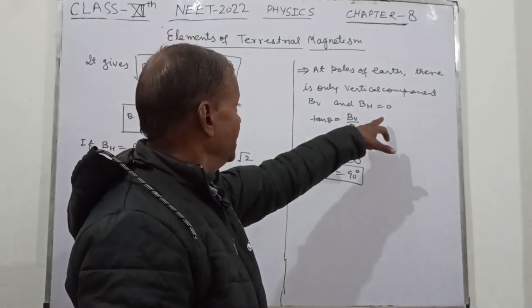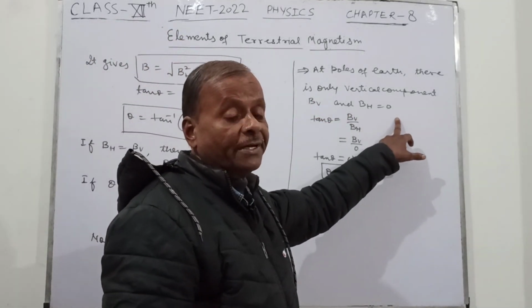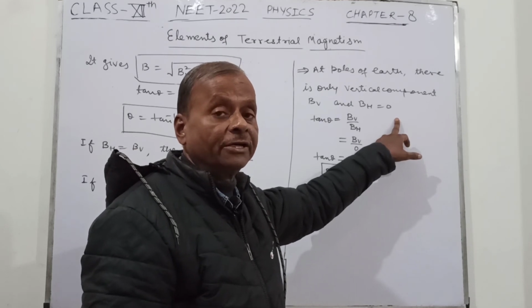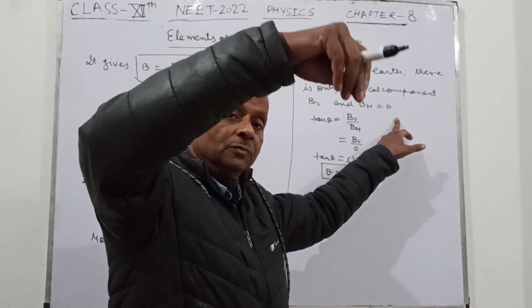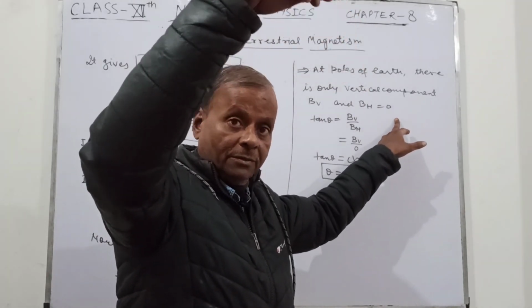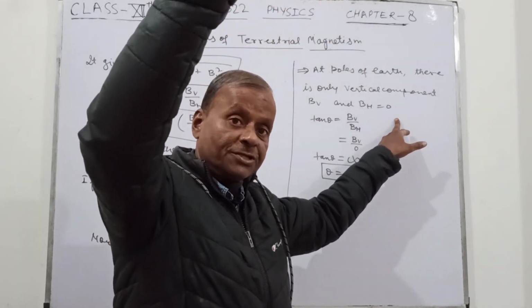And at the poles we have only the vertical component, no horizontal component at all. So the magnetic needle becomes perpendicular. If you carry the magnetic needle there, it will be just perpendicular.